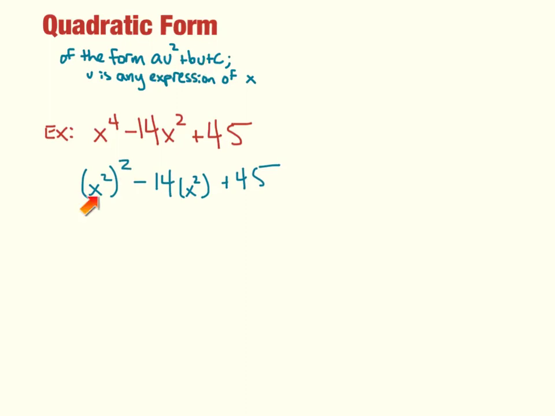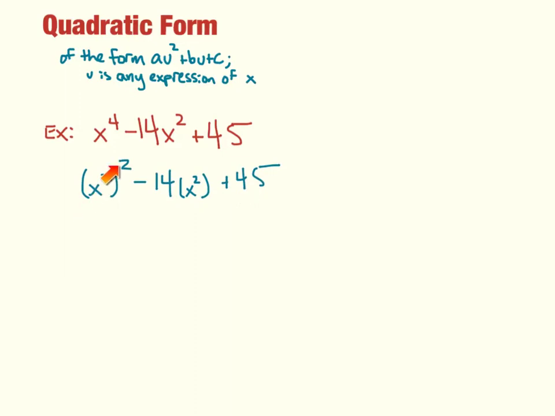You'd have u squared minus 14u plus 45. But we're not going to replace with u's and all that stuff. All we have to do is factor this like normal, okay? And then instead of writing an x, we're dealing with x squareds that are being squared.